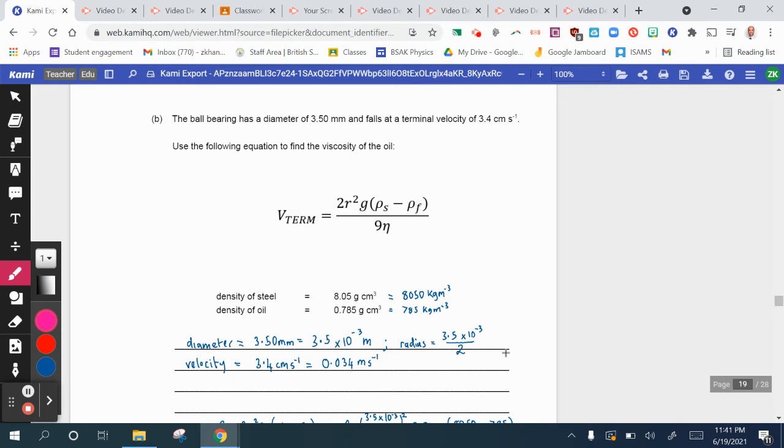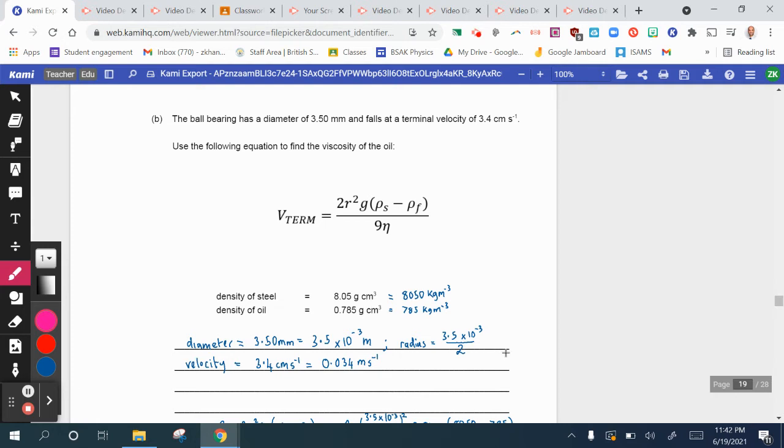So let's have a look. The diameter is given of the ball bearing. However, there's no diameter in this formula, it's radius, so we've got to do something to that. It's given to us in millimeters, so we need to change that to meters because we're using standard units in all formulas.